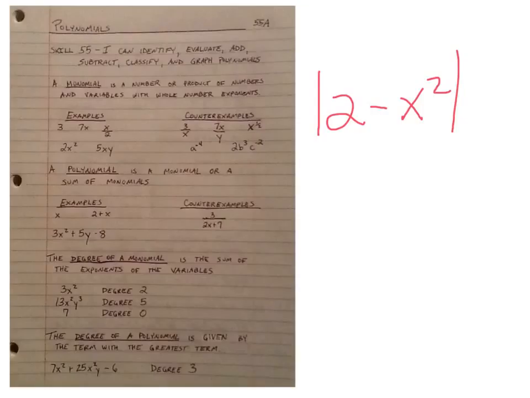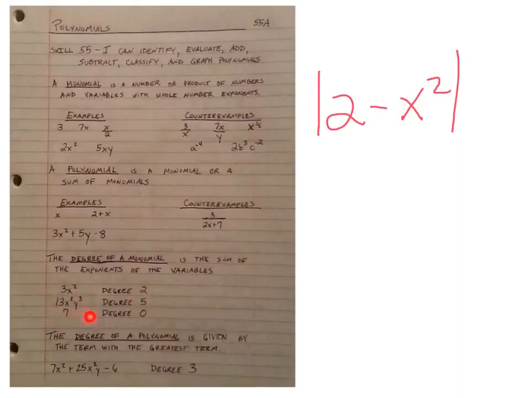One of the traits of monomials is called the degree of the monomial. And basically we're going to look at the exponent attached to the variables. So in this first example, 3x squared has a degree of 2. On the next example, 13x squared y to the third, it has a degree of 5 because 2 plus 3 is 5.